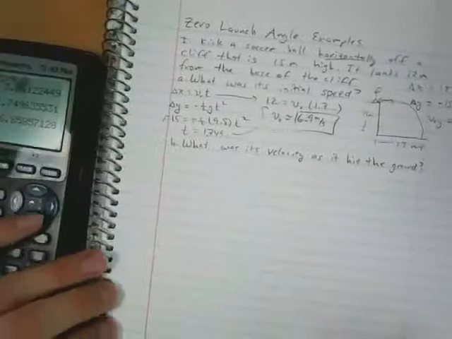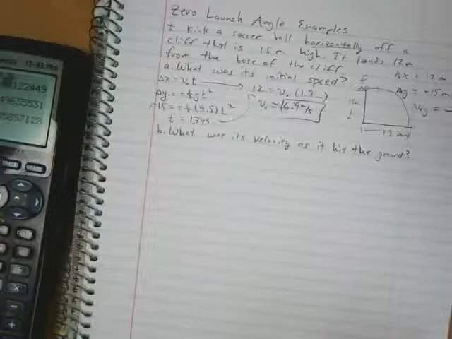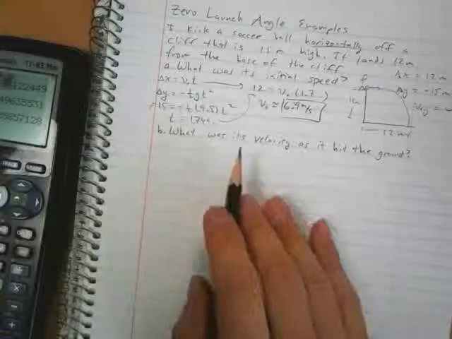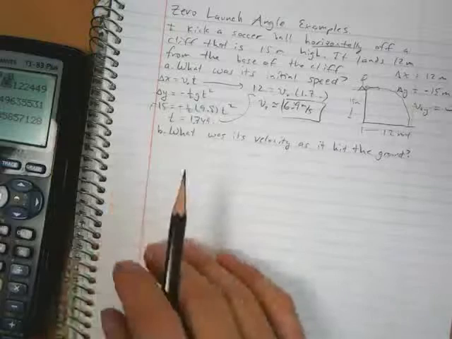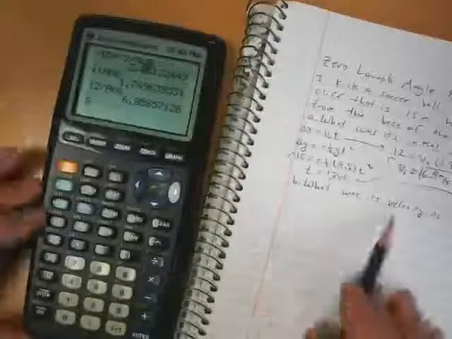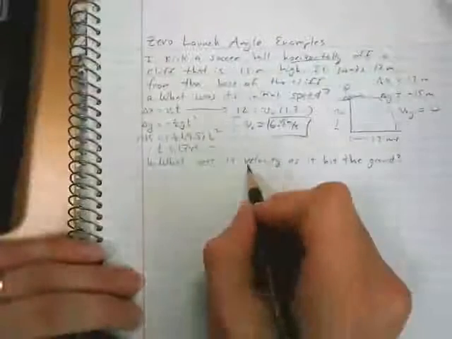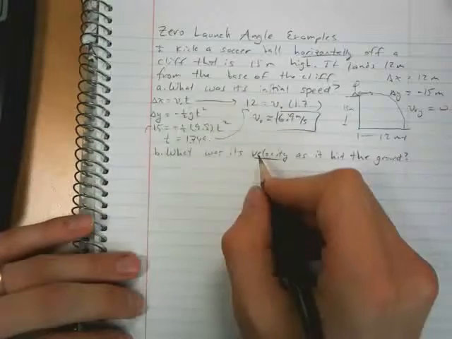All right. So we've got our initial speed. Now, what was its velocity as it hit the ground? Okay. Well, this is tricky. I'm going to store this value as v. But velocity, remember, is a vector.